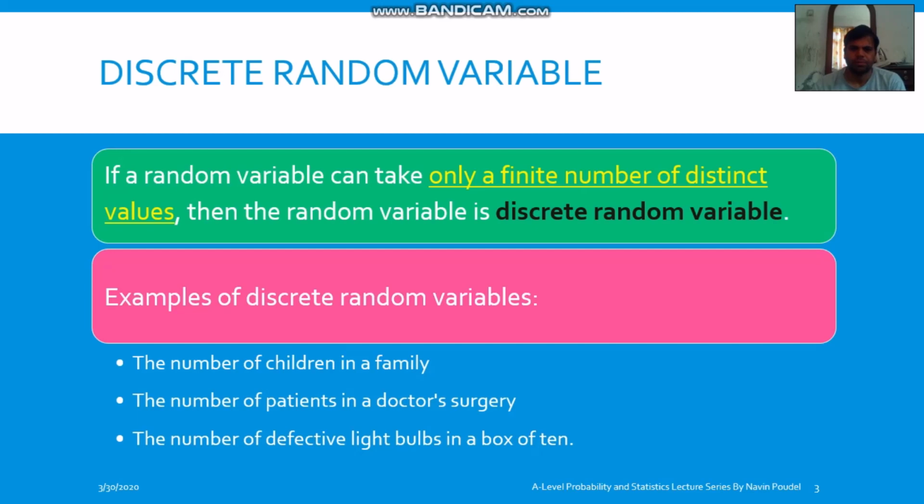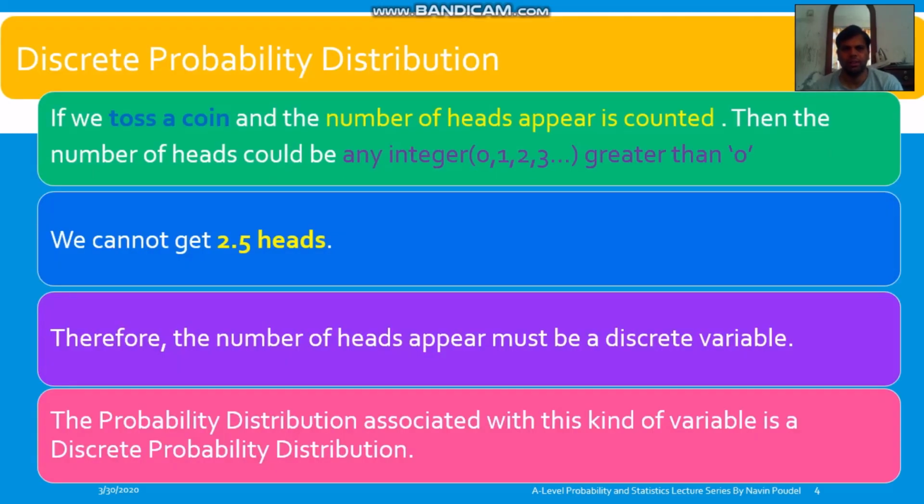Now let's talk about discrete probability distribution. If we take an example of the toss of a coin, and we count the number of heads that appear, then the number of heads could be any integer 0, 1, 2, 3 or greater.